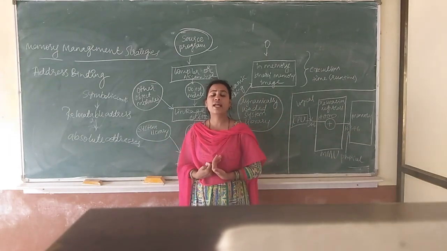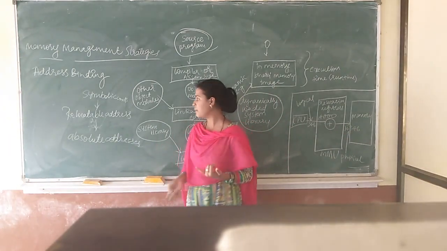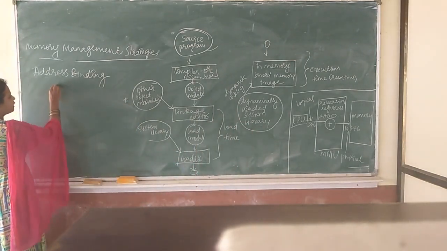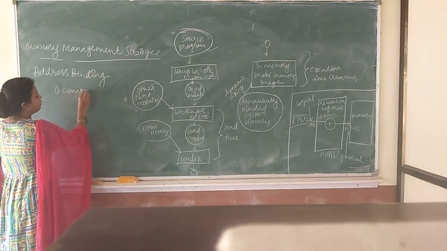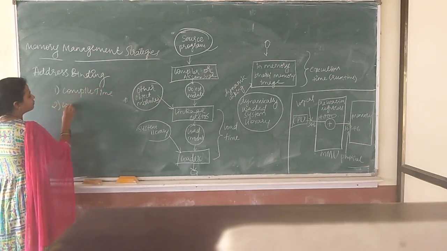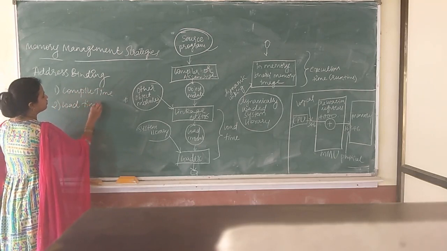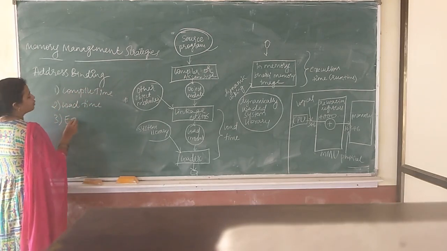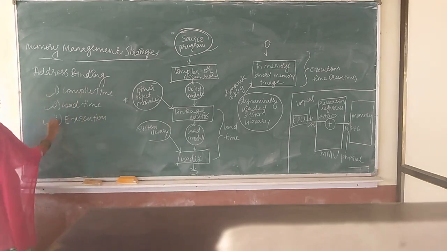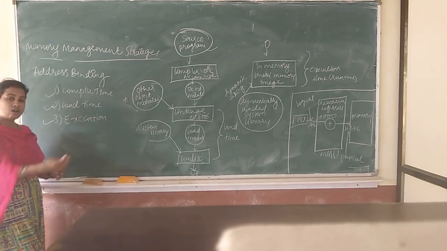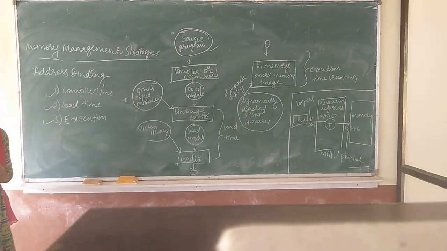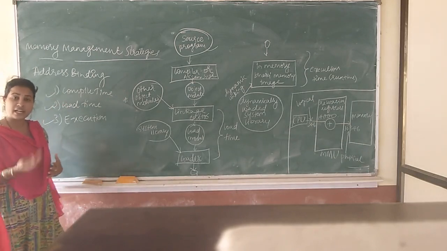Address binding can be done during the compile time, during the loading time, and during the execution time. These are the three different times at which the translation of the addresses can be done.